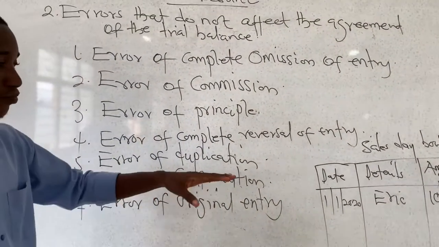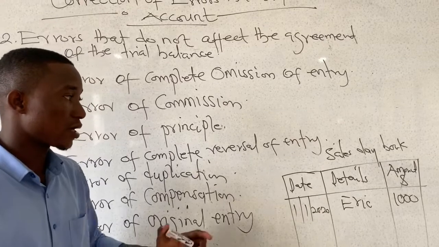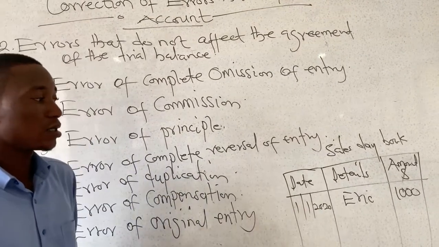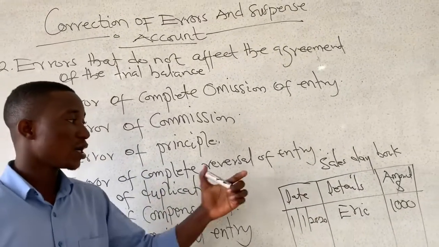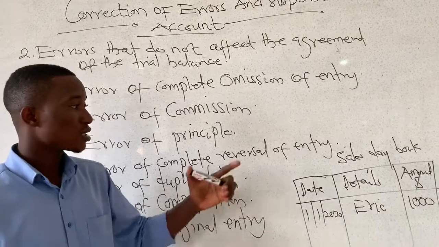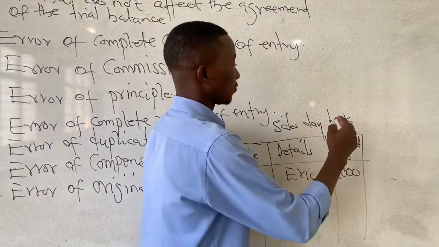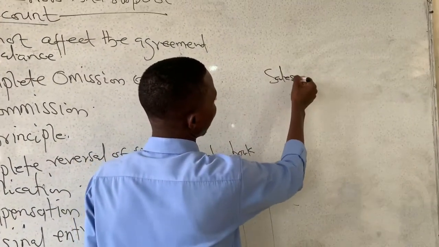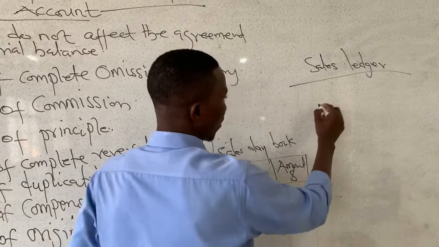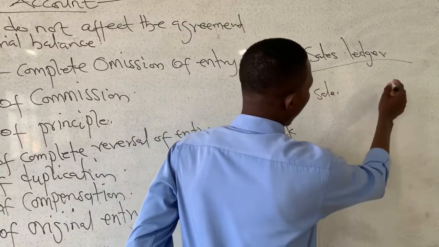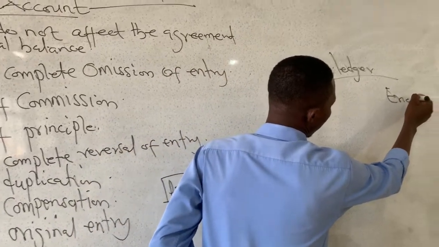At the end of the period, the total of the credit sales transactions is $1,000. At the end of the period, we are going to transfer this $1,000 to the sales ledger. The sales ledger consists of the individual accounts. So in the sales ledger, we may have our sales account and the individual debtor's account, which is Eric.